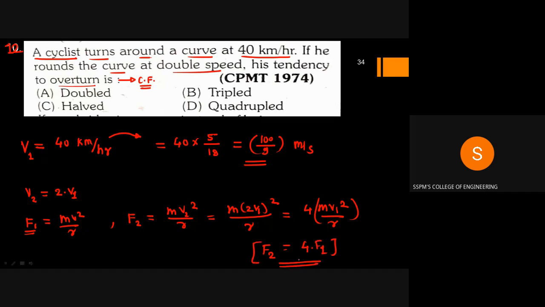Okay, so when the speed is doubled, centrifugal force becomes 4 times that of the initial force, and therefore his tendency to overturn is quadrupled. Okay, it means 4 times. So correct option is option D.